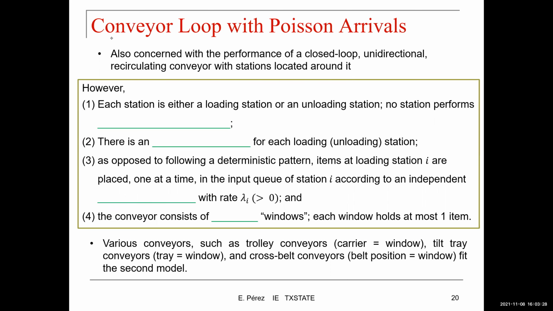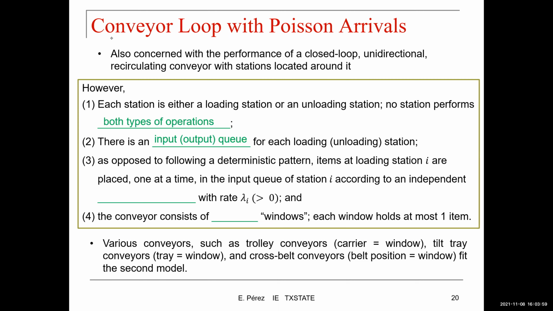We are also concerned with the performance of a closed loop unidirectional recirculating conveyor with stations located around it. So now we are looking at a conveyor loop with Poisson arrivals. However, in this case, each station is either a loading or an unloading station, and no station performs both types of operation.